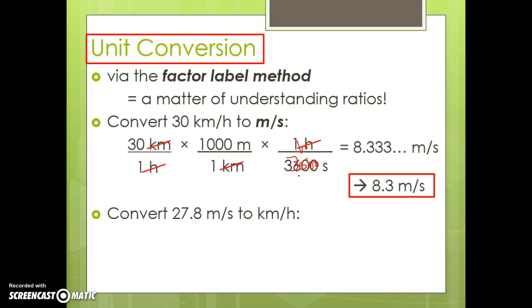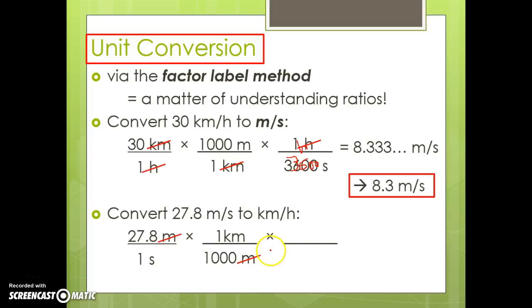Finally, the last one we use is 27.8 meters per second. Convert that into kilometers per hour. So let's see how we would do that. We take the meters per second, and first we want to cancel out the meters. So meters goes down there, and 1,000 meters in 1 kilometer goes up here. So the meters cancel each other out. Now we want to cancel out the seconds.